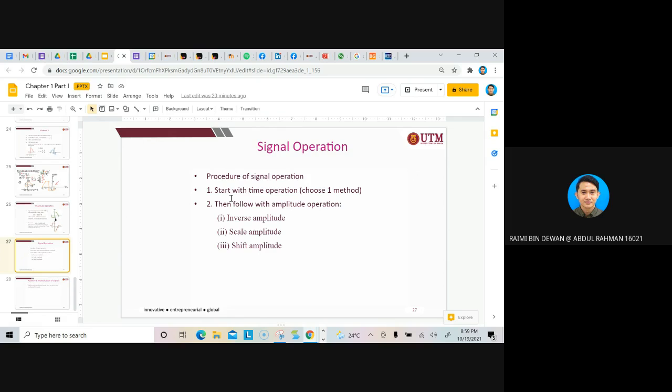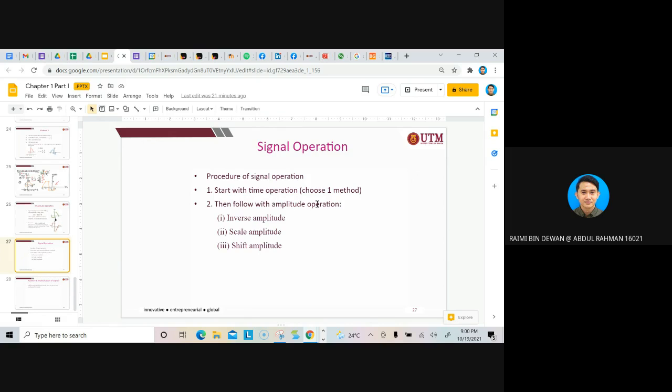After time operation, the procedure is followed by amplitude operation. Since the example I sketched just now is on amplitude operation alone, there is no step 1. Later, if we have a general operation where we also have changes in the time bracket, you should solve it in this order: first the time operation, and then the amplitude operation.